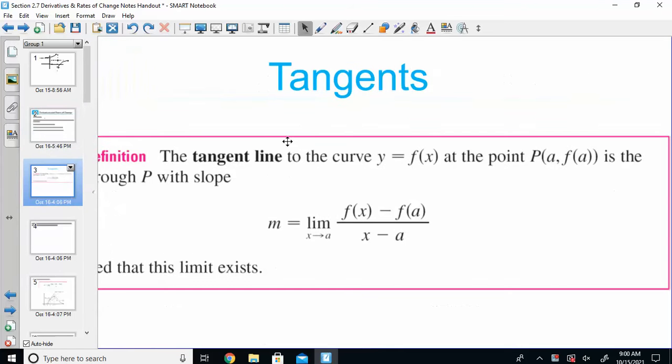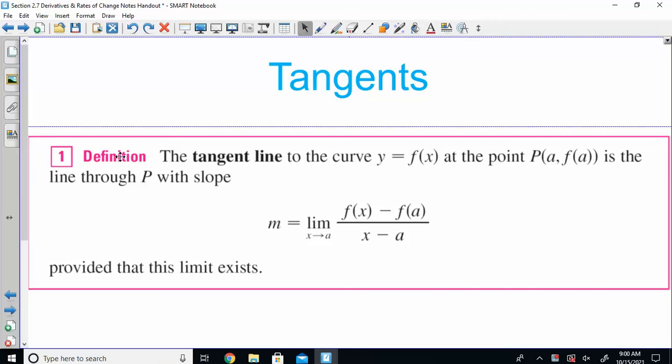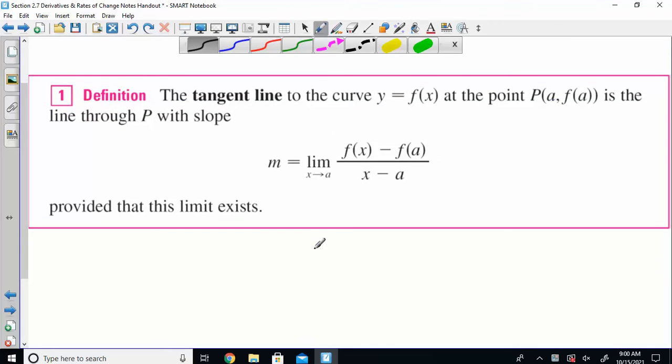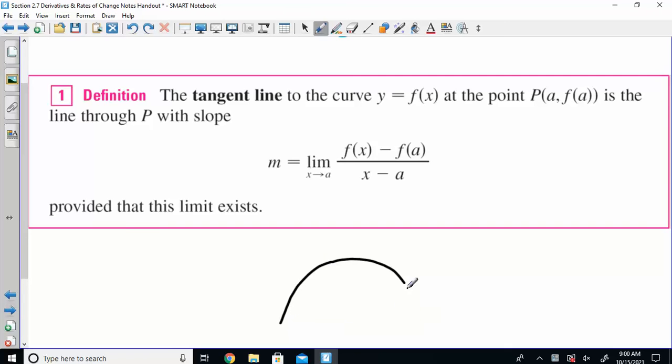So first thing, if we're talking about tangent lines, we've already been doing that. We know a tangent line is just a line that touches your graph at one particular point. So if I were trying to estimate the tangent line right here, what did we do to try to get a good idea of what the slope of that might be? And that's what we were doing the whole last chapter.